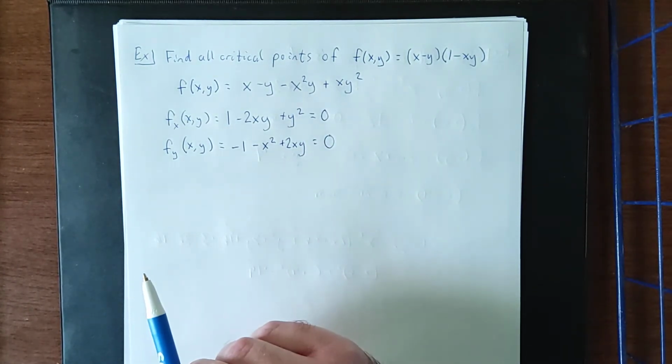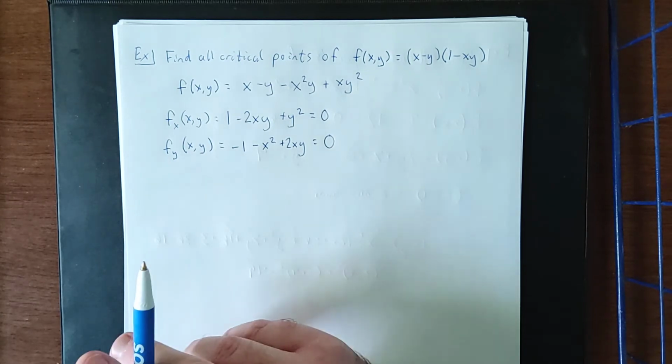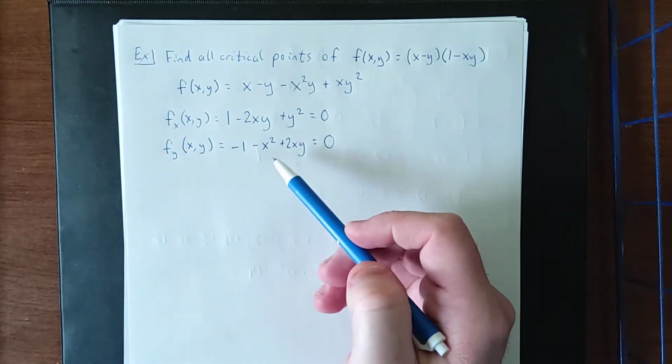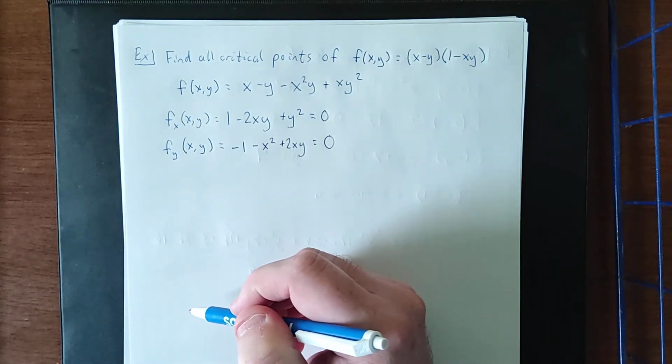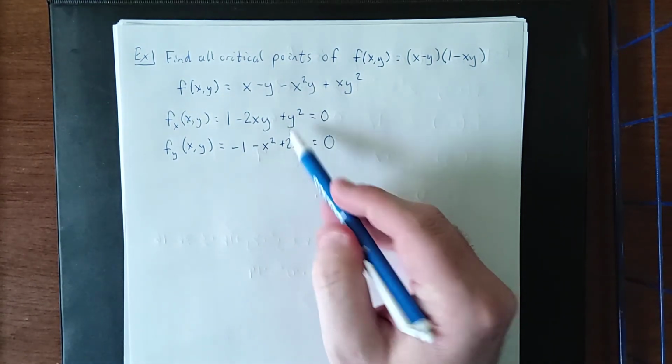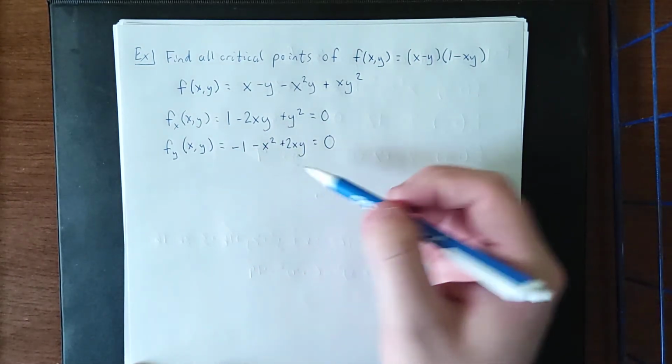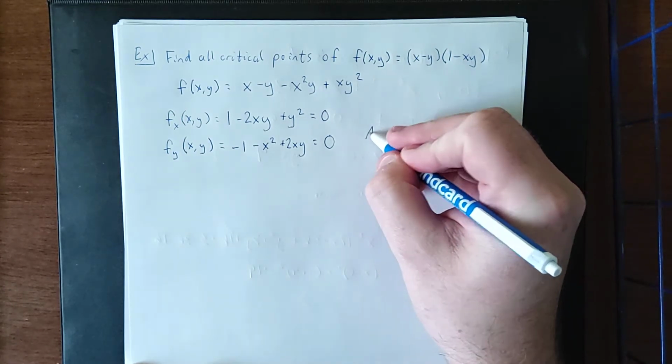Now the algebra that we're going to go through this time is going to be a little bit more complicated than what we went through last time, especially because these are now nonlinear equations. I would like to point out, though, that if we add these two equations together, we can get some of the more complex terms to cancel each other out. So what I'm going to do is add the equations.